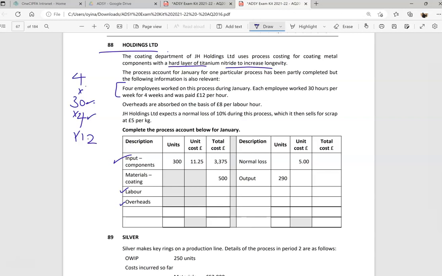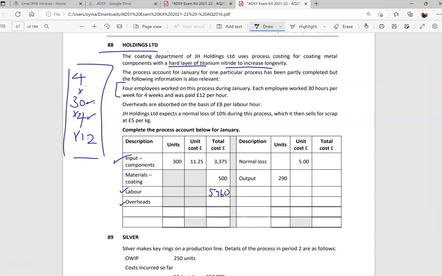For the total labor cost, I'm going to multiply all of this together: 4 times 30 times 4 times 12.